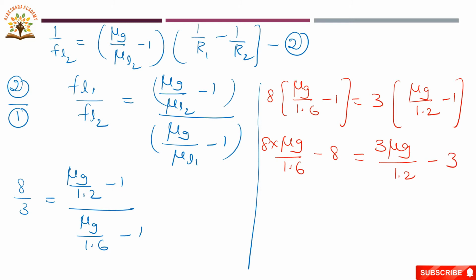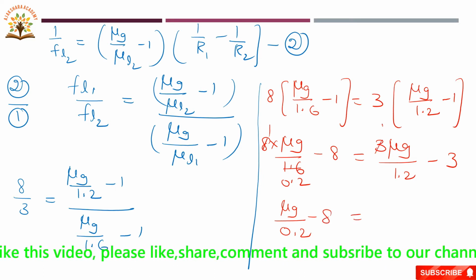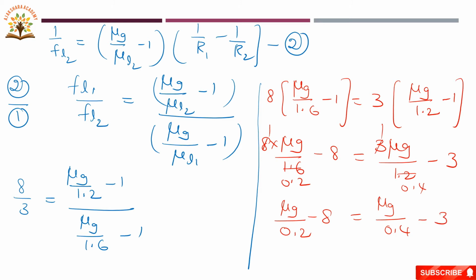Here 8 ones 8, 8 0.2 is 1.6. So, mu G by 0.2 minus 8 is equal to, here 3 ones 3, 3 0.4 is 1.2. So, here we are getting mu G by 0.4 minus 3. So, now this can be written as mu G by 0.2 minus mu G by 0.4 is equal to 8 minus 3.